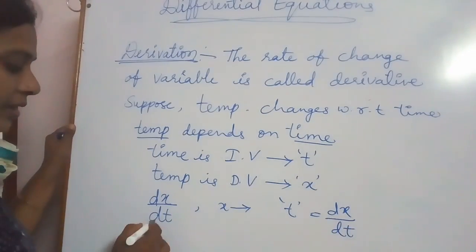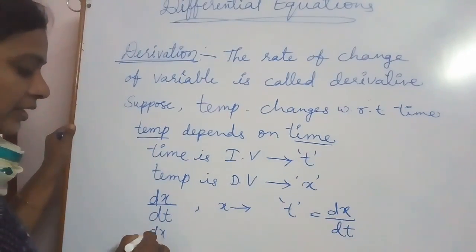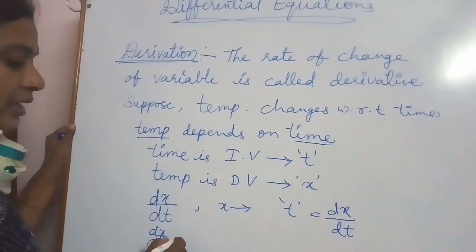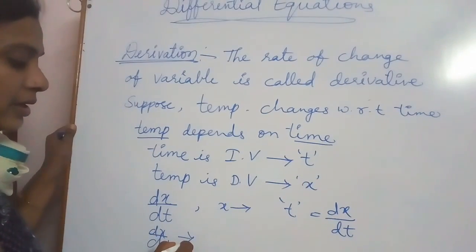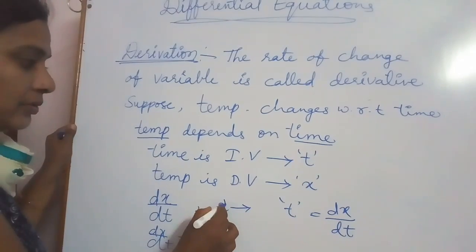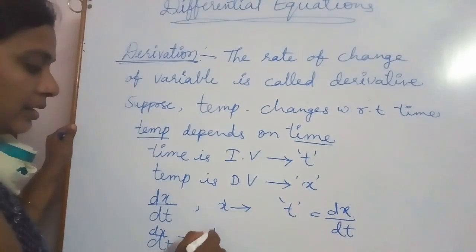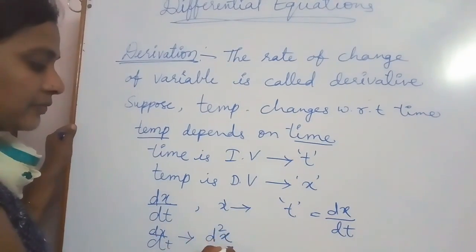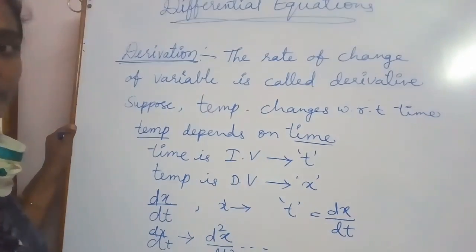In the same way, when dx by dt changes with respect to t, we get d square x by dt square.